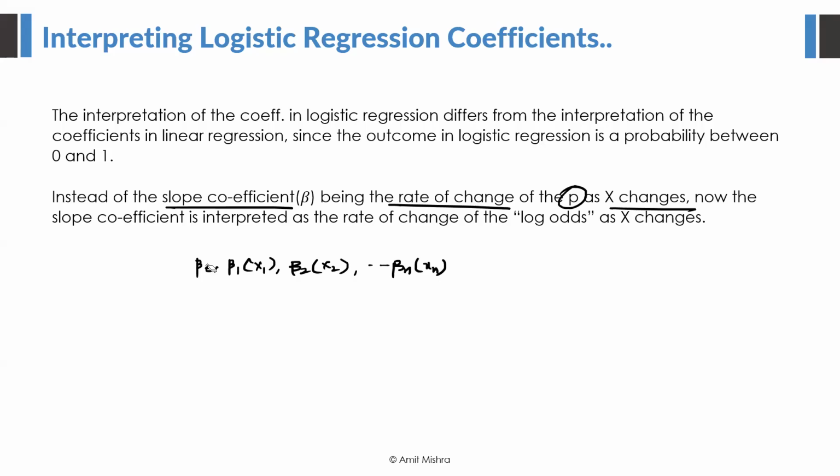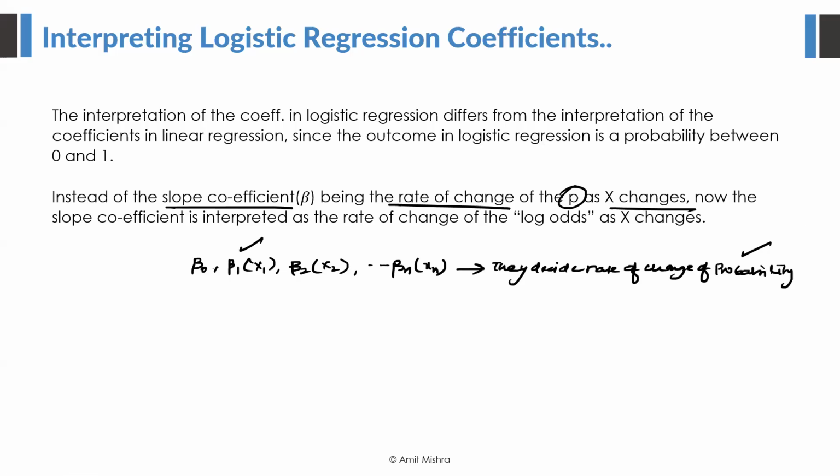They are going to decide the rate of change of probability value. They decide the rate of change of probability. Okay, so as these beta values change, your probability value will change. That's the importance of beta in this.